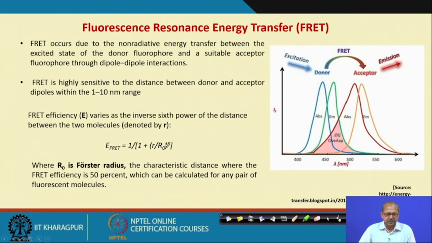R 0 is the Forster radius, the characteristic distance where the FRET efficiency is 50%, and r is the distance between the two molecules.